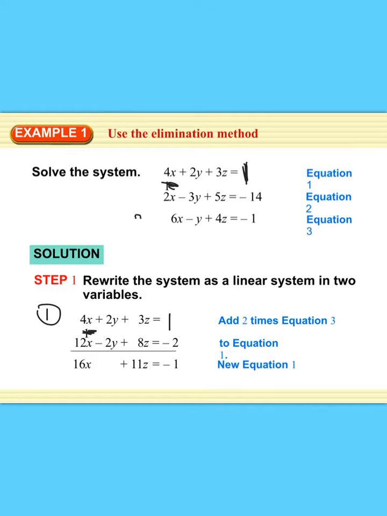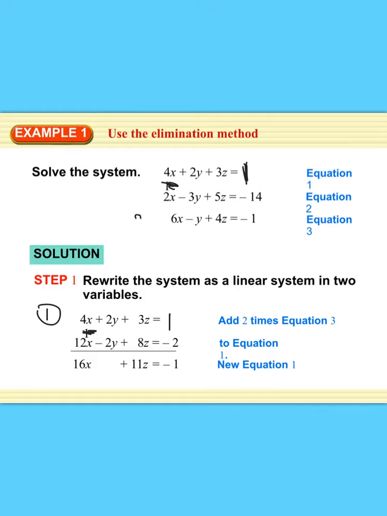After I distributed the 2, I got 12x minus 2y plus 8z equal to negative 2. So now I'm ready to add, and I get 16x, my y values eliminated, plus 11z equals negative 1. Okay, save this equation, we're going to need it.